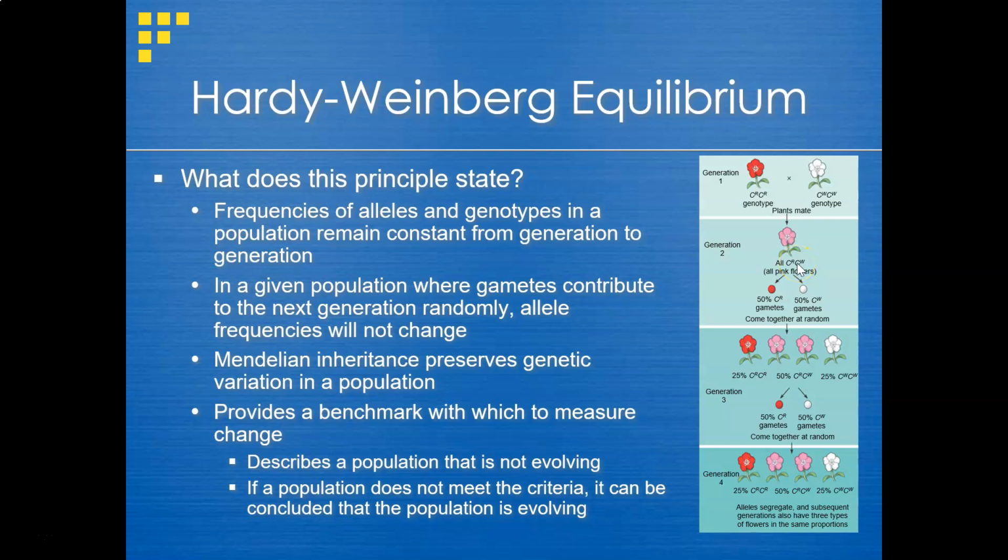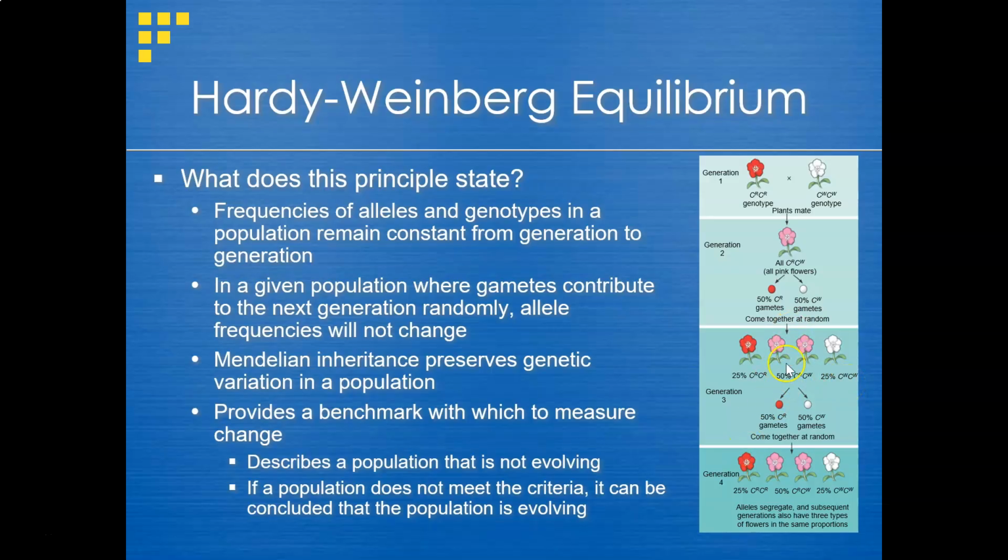Well, when those pink flowers reproduce, they produce 50% of their gametes with the red allele and 50% with the white allele, so when they come back together to make the third generation, heterozygote plus heterozygote produces this predictable 3-to-1 Mendelian ratio: 3 that have the dominant, 1 that has the recessive. This particular case is an incomplete dominance example, and so you get the 1:2:1 genotypic ratio: homozygous dominant, heterozygote, and then homozygous recessive.